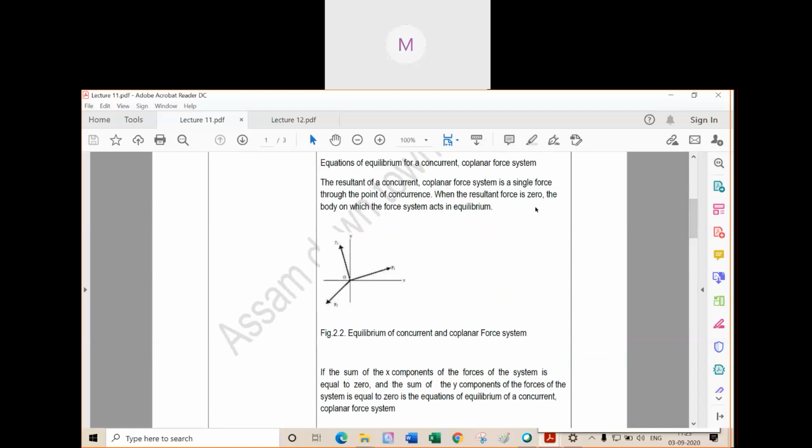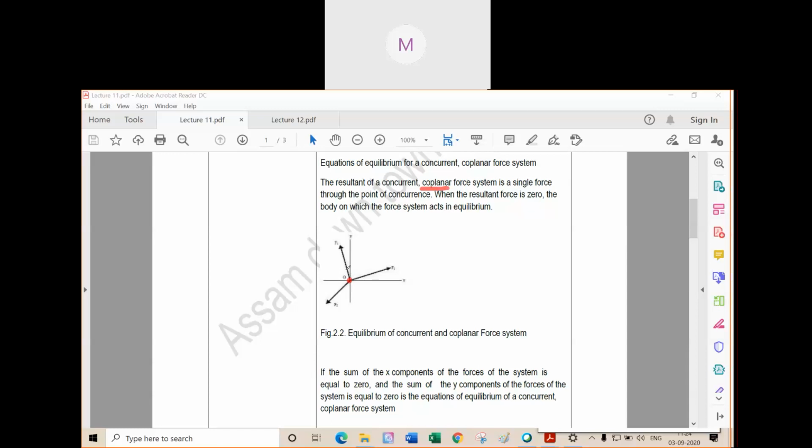So, equations of equilibrium for a concurrent and coplanar force system. This is the resultant of a concurrent and coplanar force system. That means these three forces start from the same point and are on the same plane.